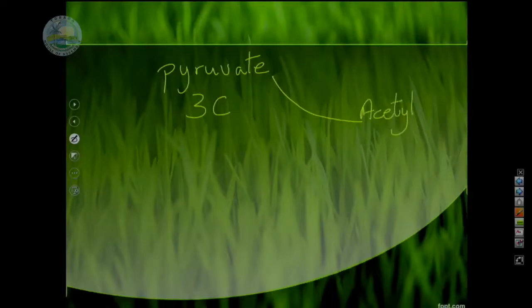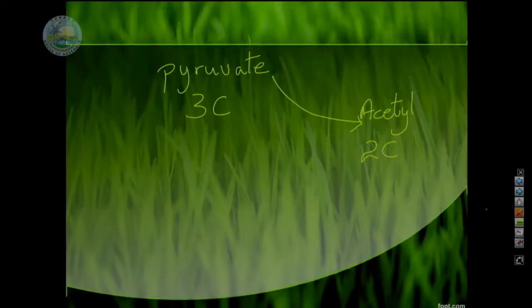And acetyl is a 2-carbon molecule. It has 2 carbons in its structure. So to go from this 3-carbon to 2-carbon molecule, what we can do will be to remove one of the carbons in the form of carbon dioxide.